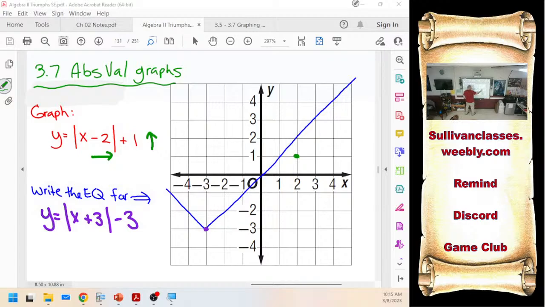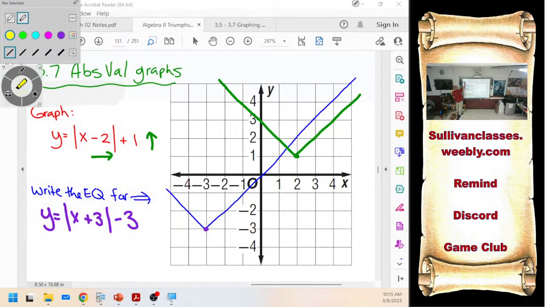Then I'll make my slope on the right-hand side as up 1 over 1, up 1 over 1, up 1 over 1. On the left, I mirror it, up 1, left 1, up 1, left 1, up 1, left 1. Like so.